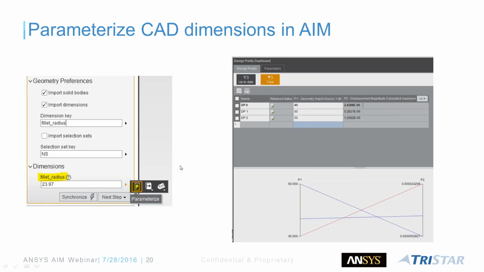Parameterizing essentially allows you to create a design point, and once I'm done running the analysis, I can create different design points and look at my displacement and stresses in a structural analysis, or in a fluid flow analysis, the impact on the mass flow rate, or in a thermal analysis, the temperature distribution based on these inputs.